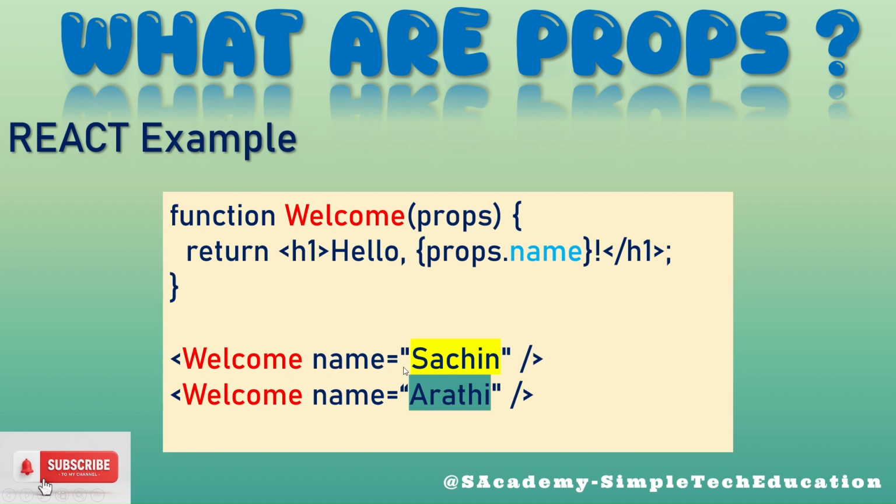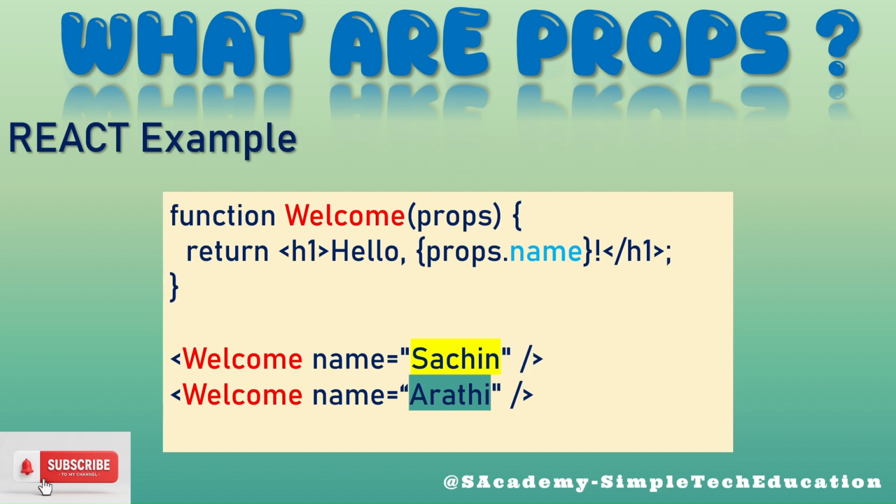In the third line we are passing the information Sachin, so it displays hello Sachin. Next I am passing the information Arati, in the last line, and calling the function welcome. So for the second time it shows hello Arati.